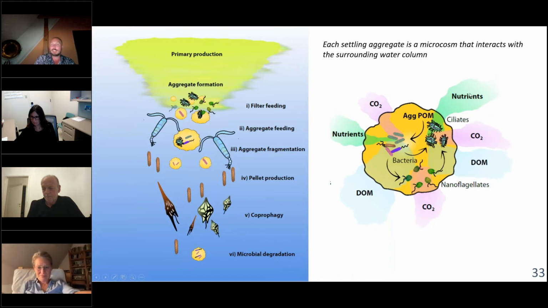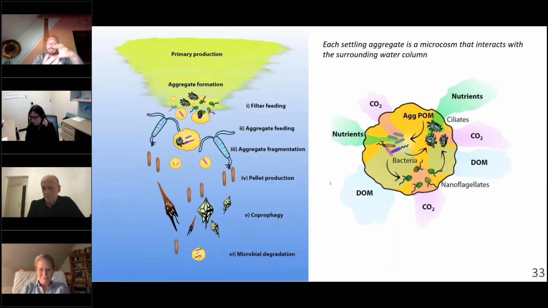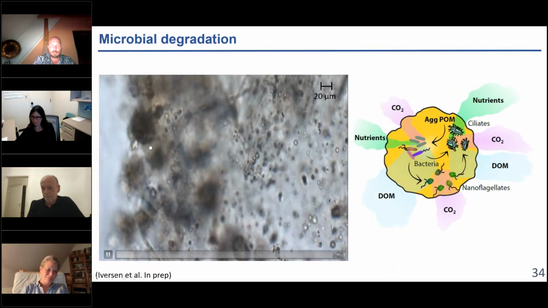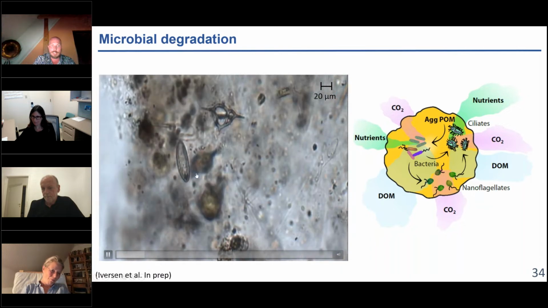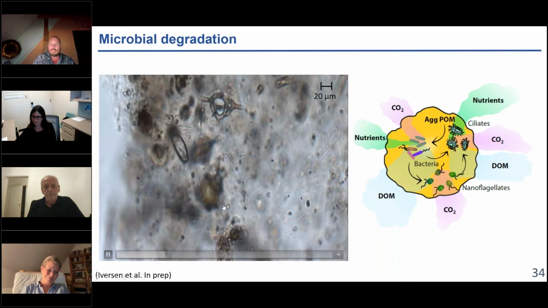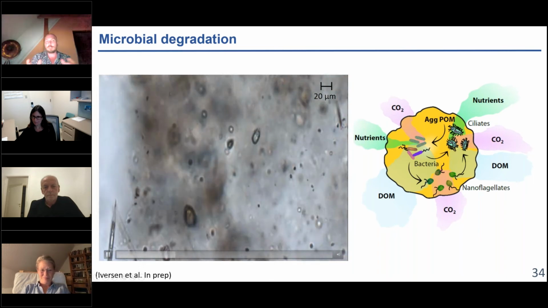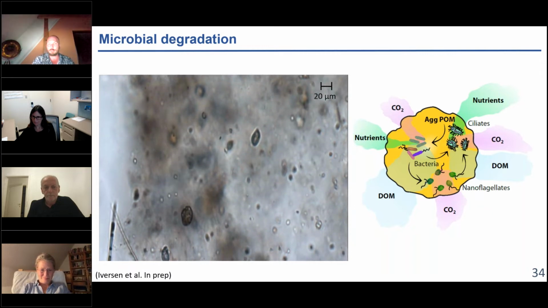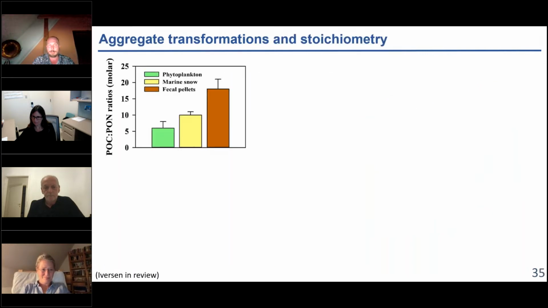And at the same time, we are changing detritus into animals, so into proteins basically. Here, this is from an in situ collected aggregate where you can see ciliates and nanoflagellates. So you can see it's not just bacteria and phytoplankton. It's a whole ecosystem inside these aggregates.